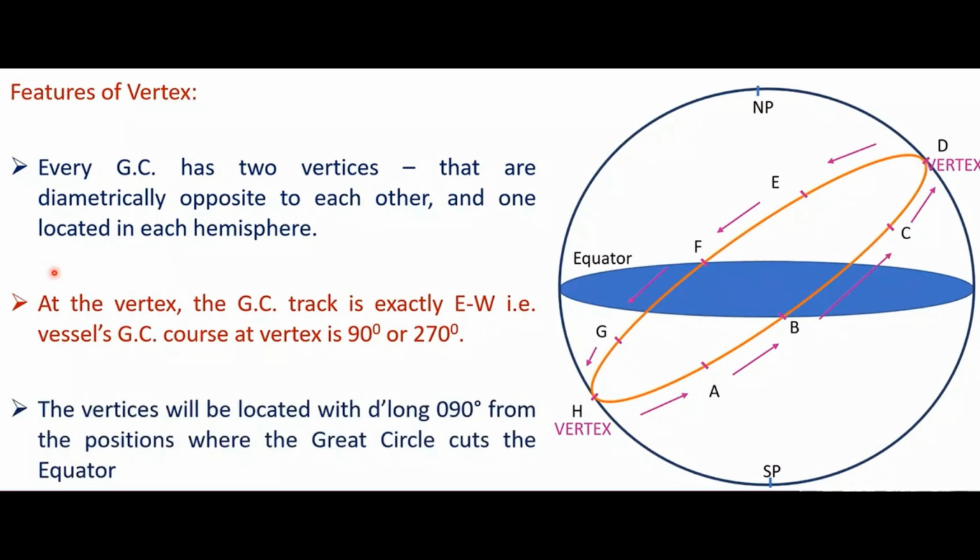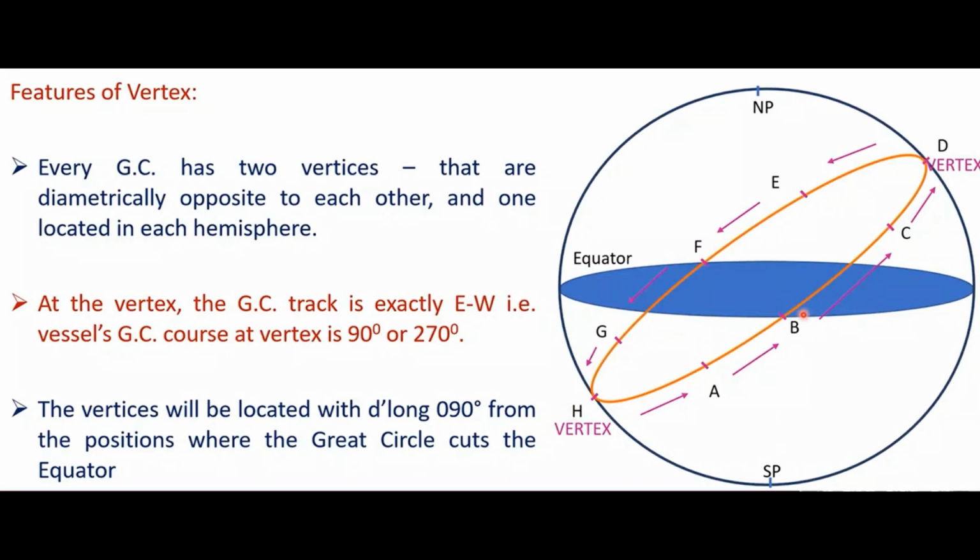The vertices will be located with a D long of 090 degrees from the positions where the great circle cuts the equator. Now, this great circle is cutting the equator at point B and point F. Vertices are D and H. That means D long between B and D is 90, D and F is 90, F and H is 90, H and B is 90.